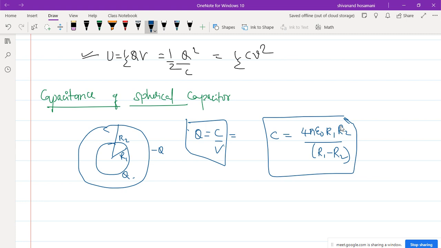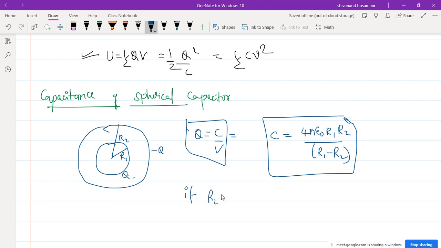If r2 is isolated, we generally ignore it, assuming r2 is very large.